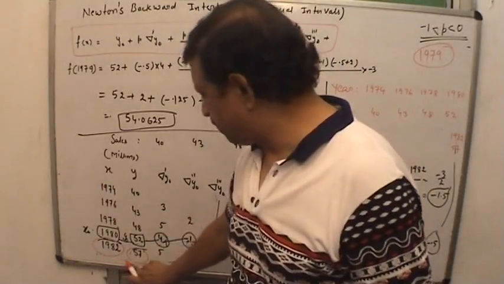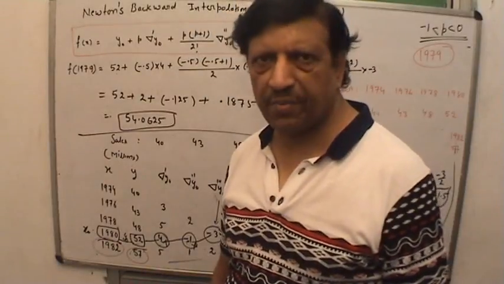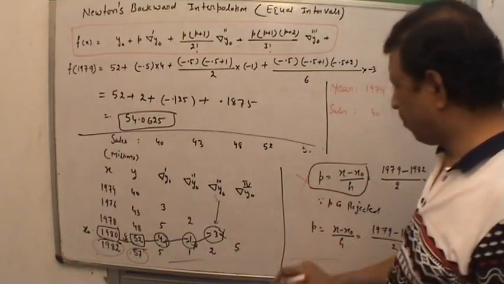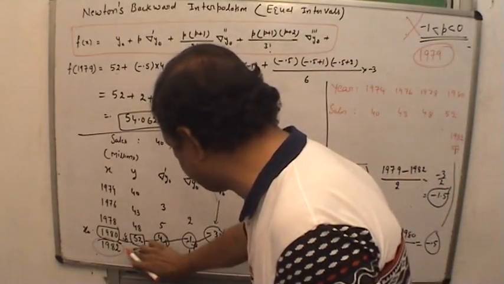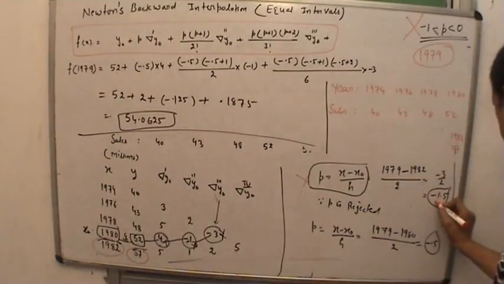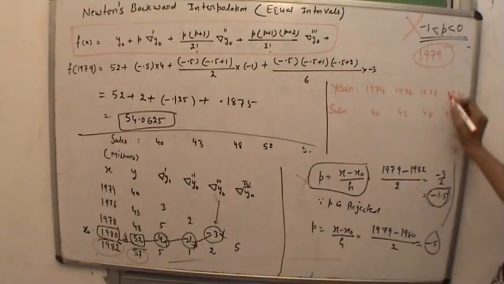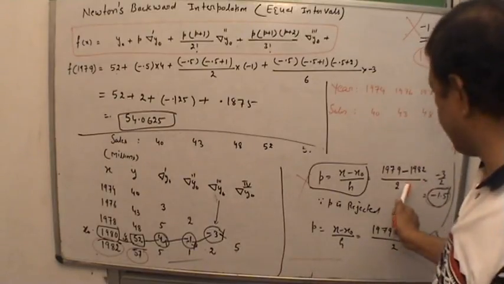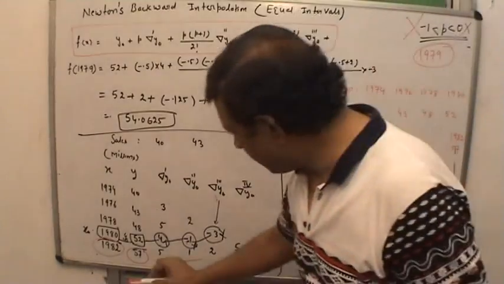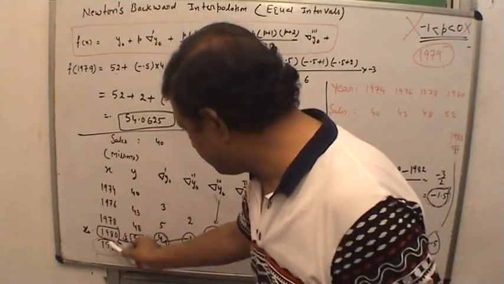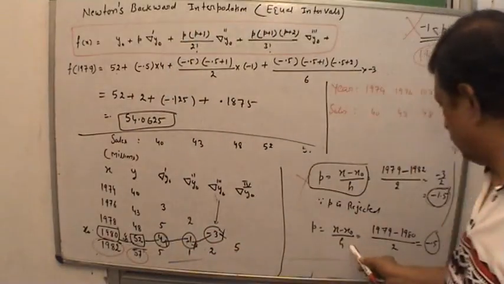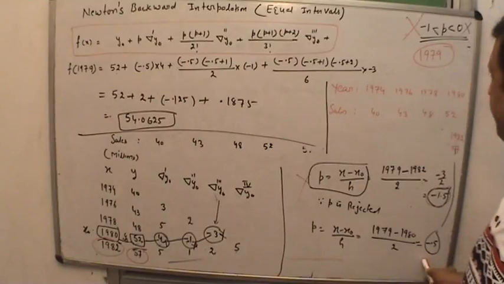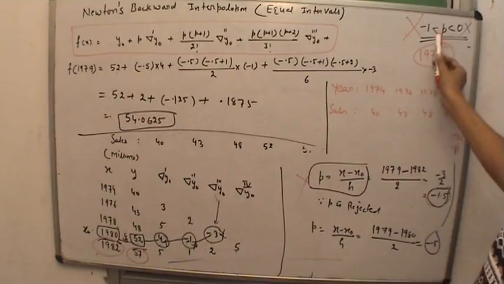But these values must obey the condition of P. First we check the last values, 1982 and 57. We see P is minus 1.5, and it does not follow the condition. If it does not follow, then we reject it and move to the upper pair, that is 1980 and 52. Then we see this value is minus 0.5, and it follows the rule.